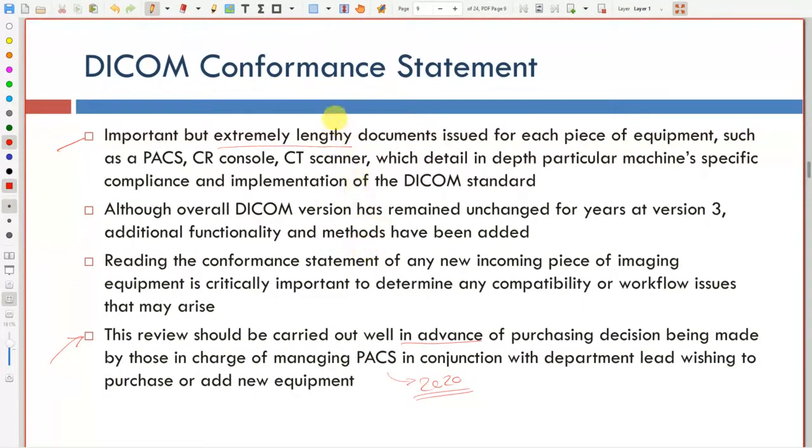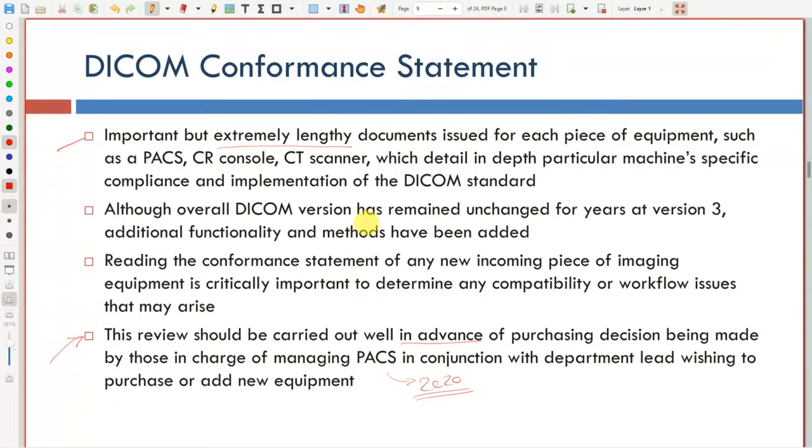And for the DICOM conformance, by the way, we're talking about every piece of equipment that deals with DICOM. So we're talking about image acquisition modalities, like each imaging system you have, like a CT scanner or ultrasound system or MRI or whatever. If you're talking about PACS, if you're talking about a reading workstation, any imaging equipment, any image viewing equipment, any PACS system must have a DICOM conformance statement.